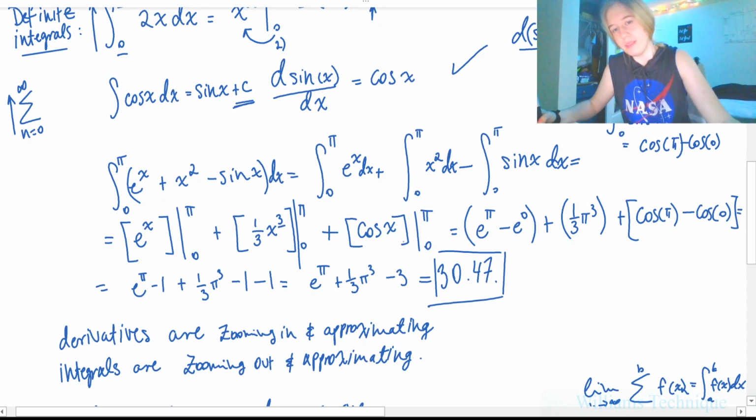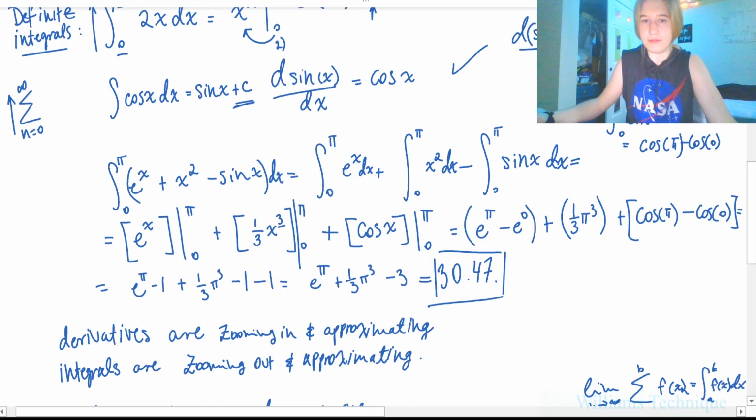So anyway, the next thing is we have a minus sign here. What we can do is keep the minus sign in front of sine x, and say the integral of that is just cosine of x, which makes life much easier.